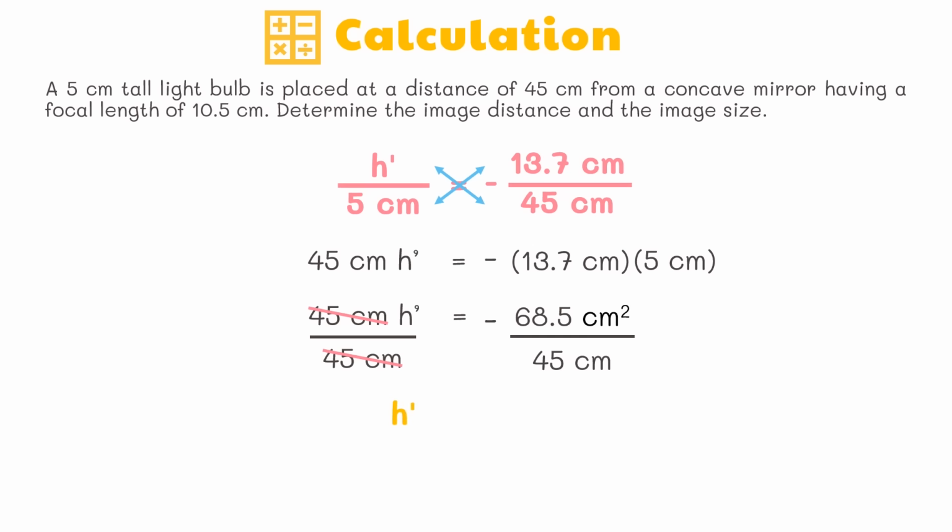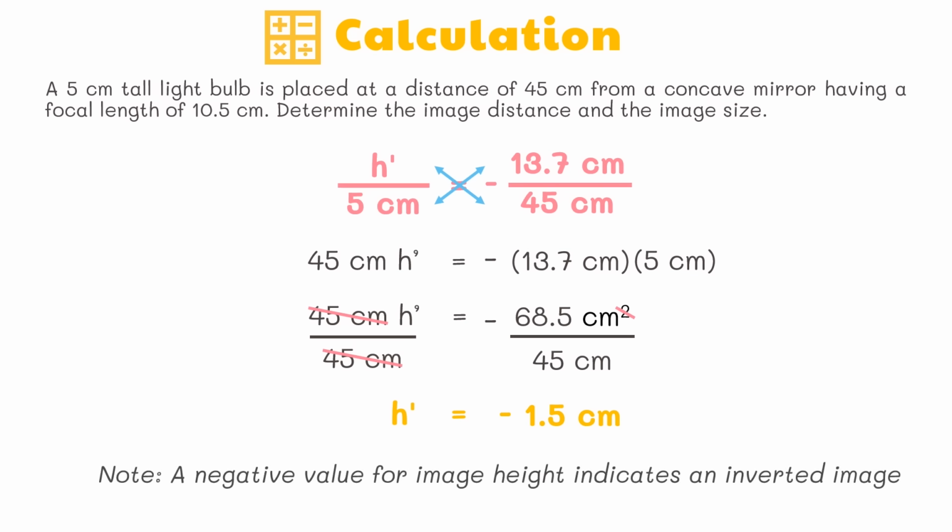Negative 68.5 centimeters squared divided by 45 centimeters equals negative 1.5 centimeters. We cancel out the square since we are dividing. Height of the image is equal to negative 1.5 centimeters. Take note, a negative value for image height indicates an inverted image.